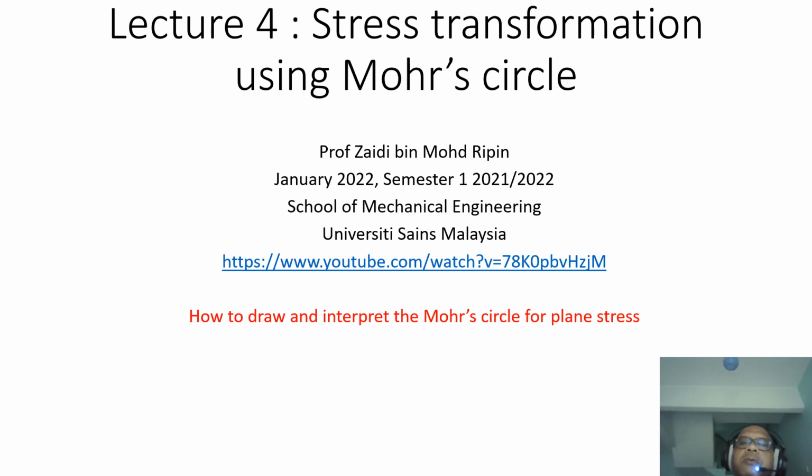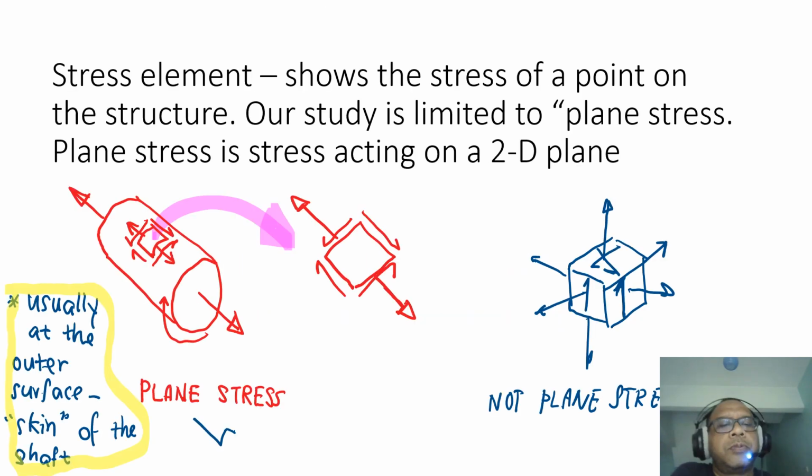Okay, so let's start. There is no normal component to the shaft. When I say normal component, let's say there is a stress there, and where you need to show this is a stress, that's not a plane stress. A plane stress is where you don't have a normal component.